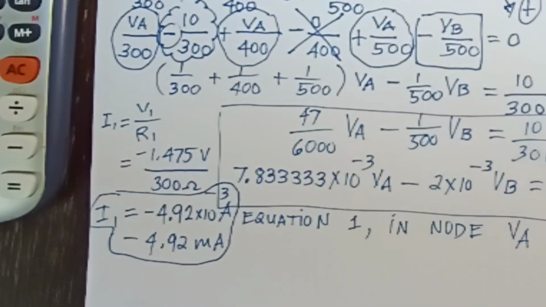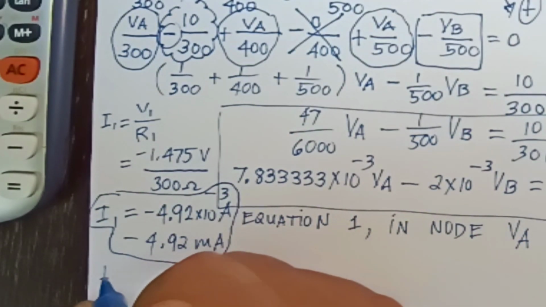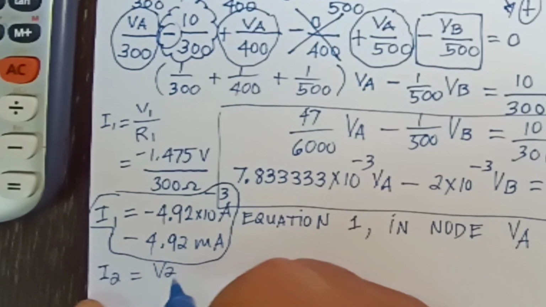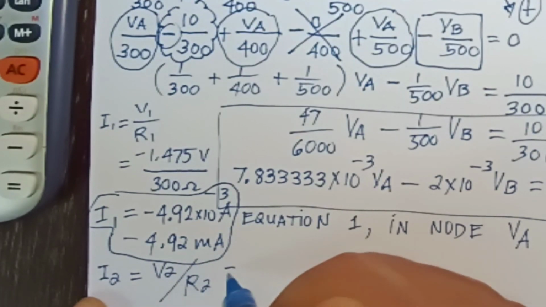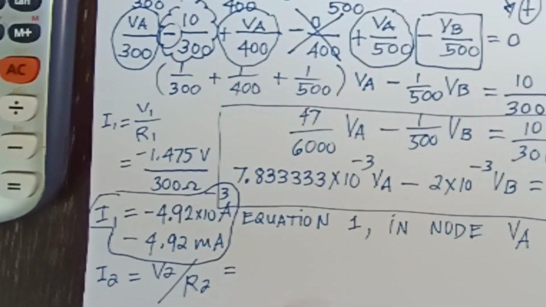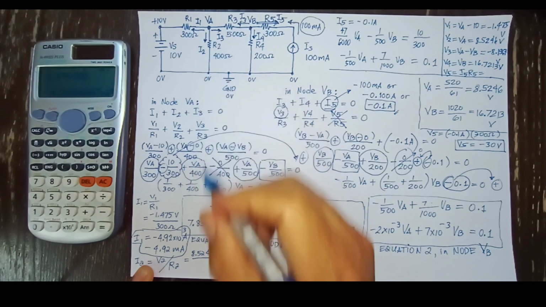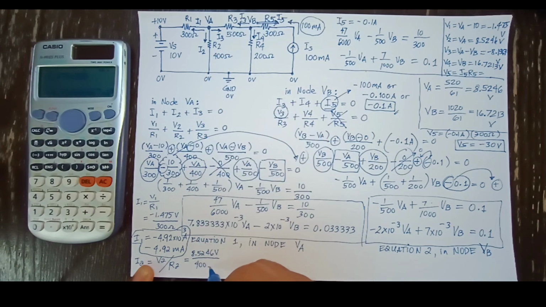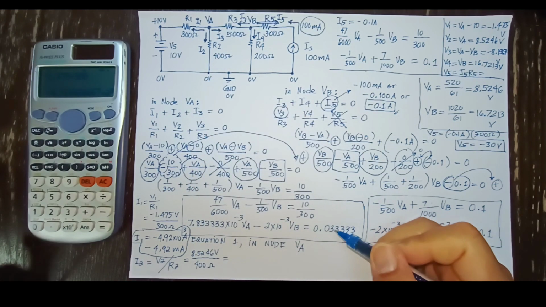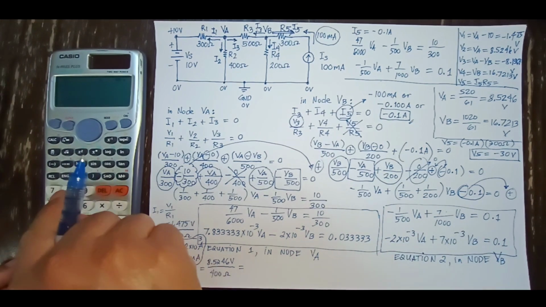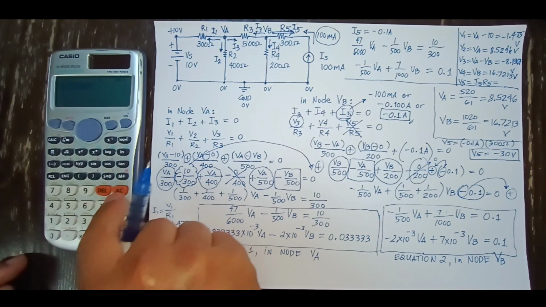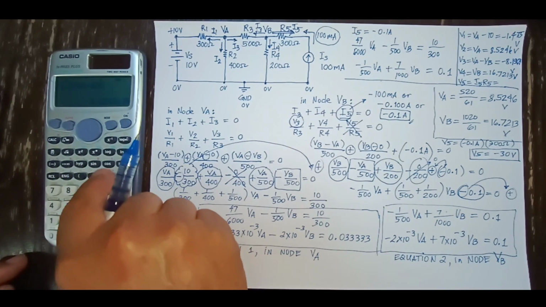And we will also calculate for I2 using Ohm's law, V2 over R2. Our V2 is 8.5246 volts divided by our R2, which is 400 ohms. So volt over ohm will be ampere, and we may convert the answer into milliampere by just moving the decimal point to the right 3 times.